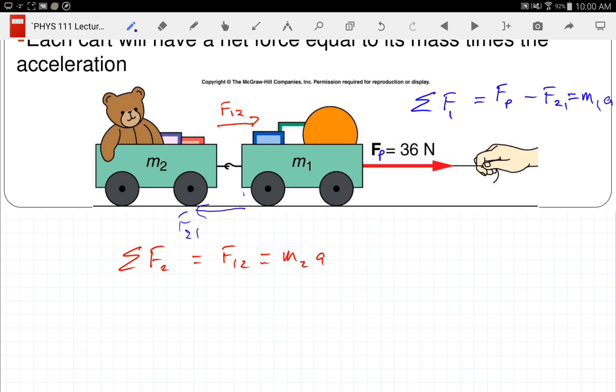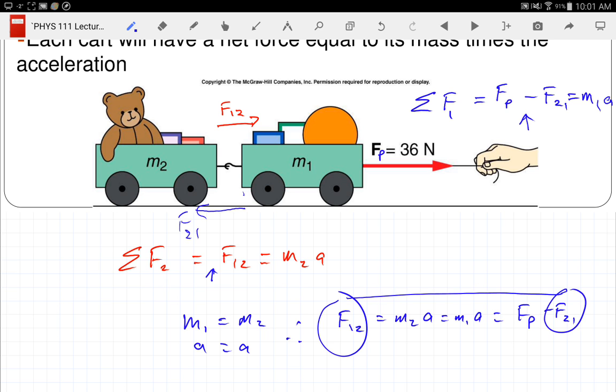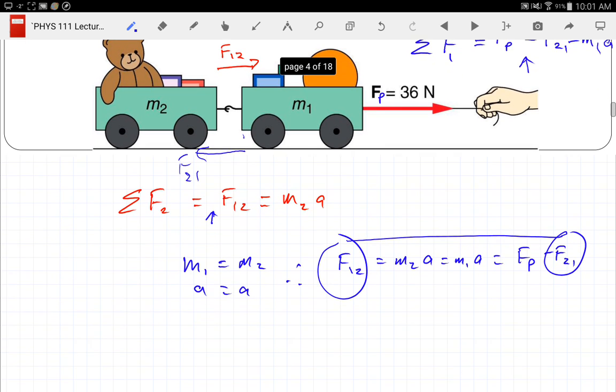If the accelerations are the same and m1 is equal to m2, then I'm going to have F12 equals m2a equals m1a equals the force pulling minus force 2,1. But the magnitudes of force 1,2 and force 2,1 are the same. They're equal and opposite. The opposite I already took care of by putting the signs in front opposite. One was a positive sign, one was a negative. So the magnitude is the same. So F12 is equal to F21.